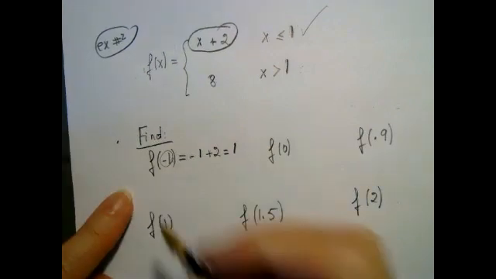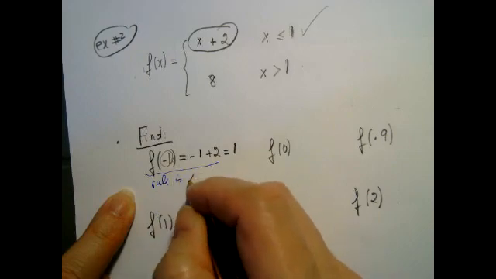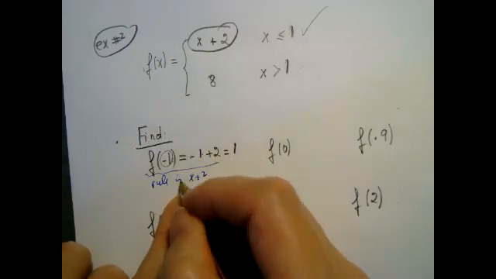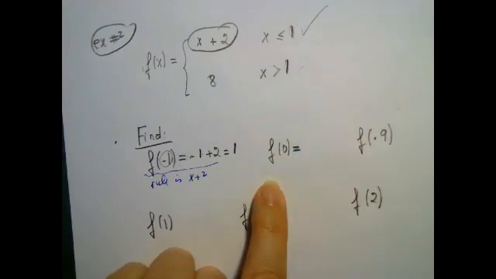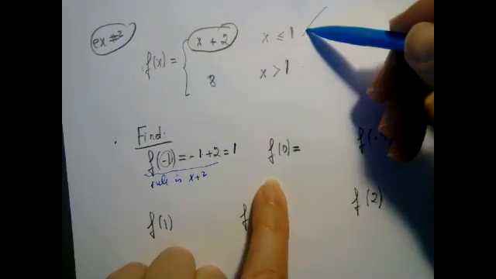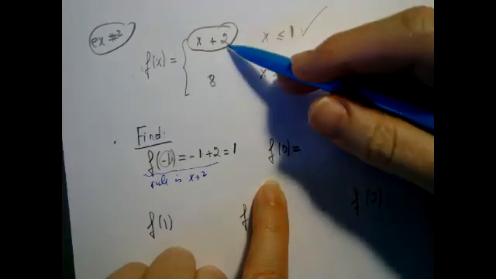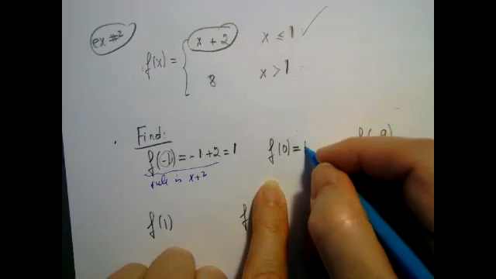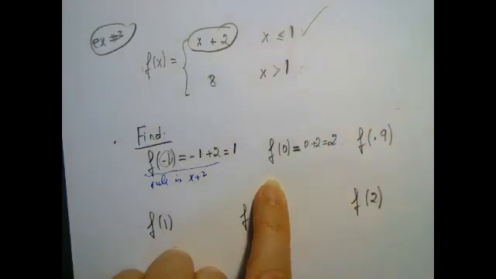Okay, so here we say that the rule for this one is x plus 2, but I have to substitute minus 1 for x. F of 0. I go back here. Which condition is satisfied? It satisfies this. The rule is x plus 2. So this is 0 plus 2. This is equal to 2.